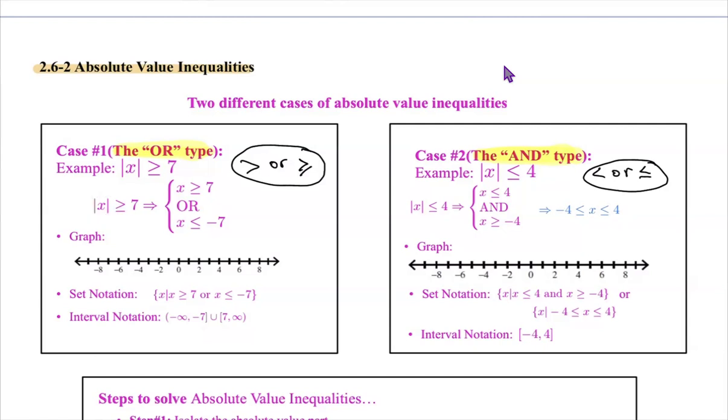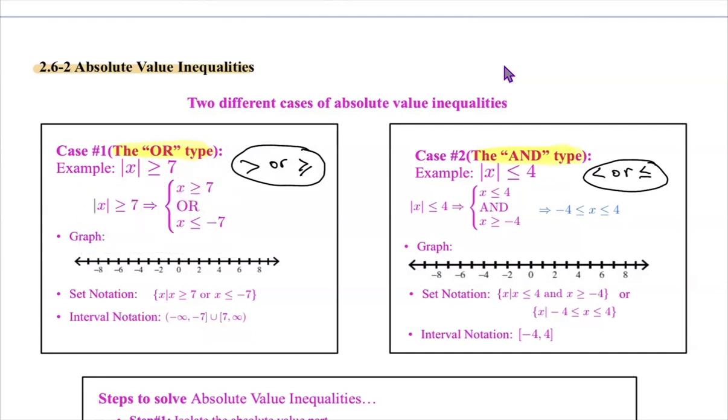By removing the absolute value sign, what's left is x greater than or equal to 7 in this example. So you can see that the only difference between this one and this one is that this one has the absolute value sign, this one does not. So that's for the first inequality that you will set up.